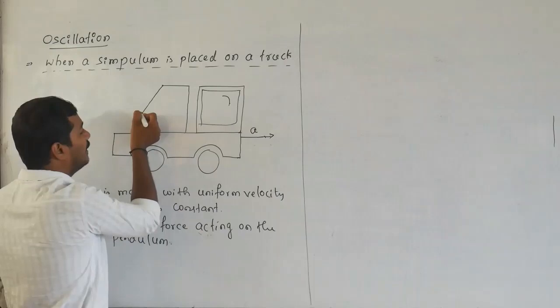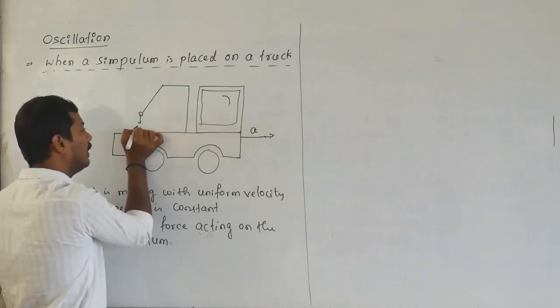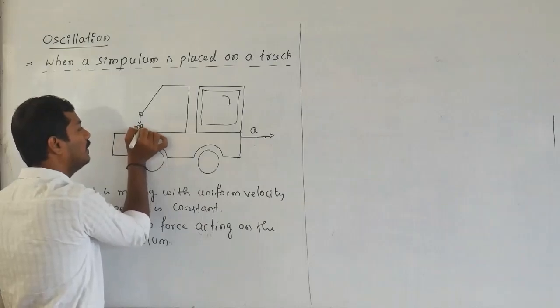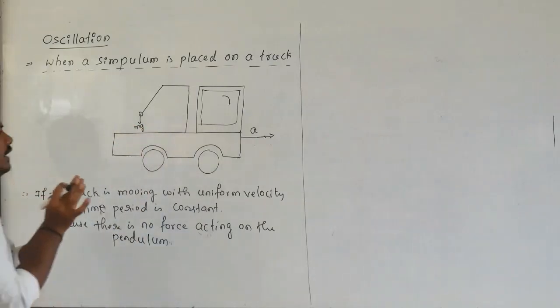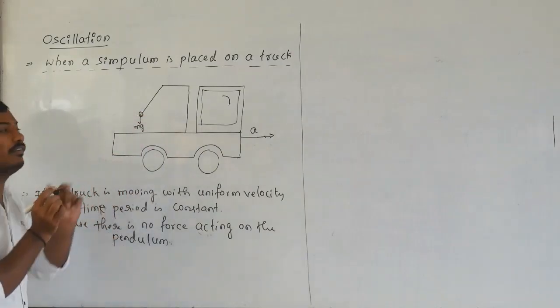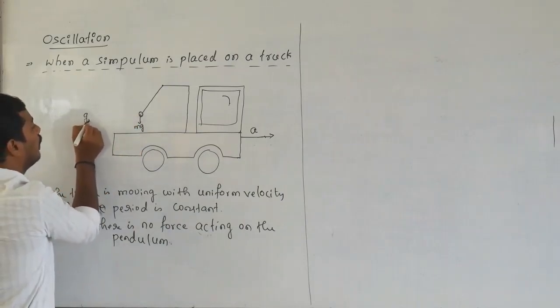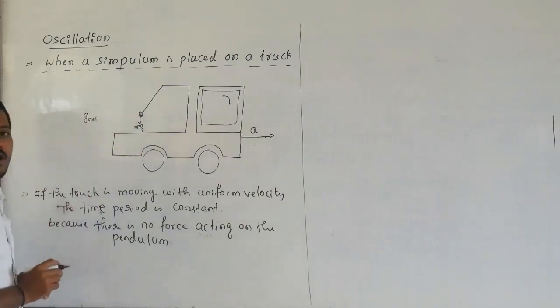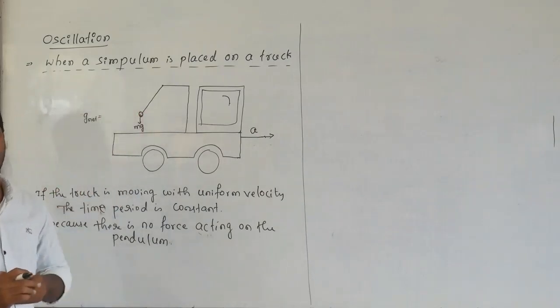Now, at this position, the acceleration due to gravity is always there. The weight of the body is mg here. But we have to check what is the net acceleration due to gravity at this position. We have to calculate the net or effective acceleration due to gravity at this position.